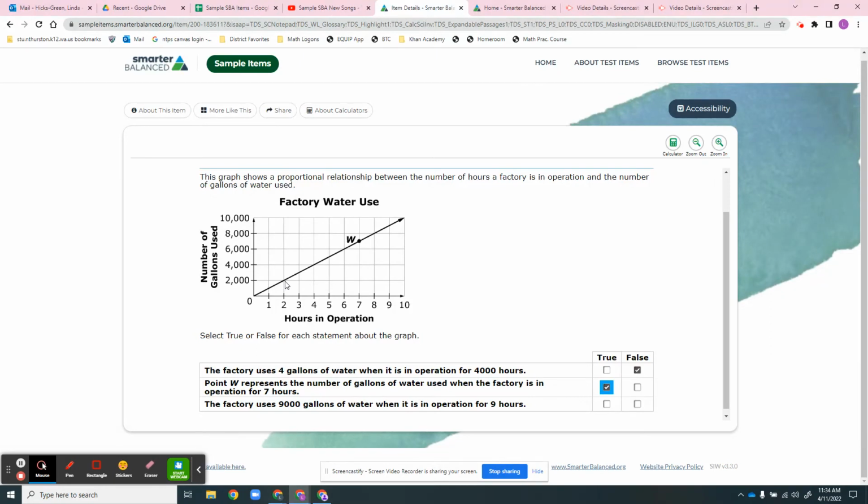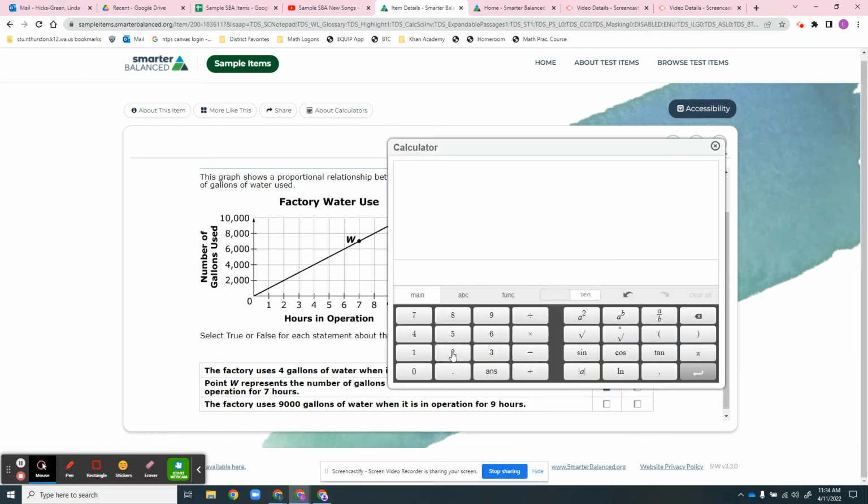We want to go where it truly intersects. So we've got 2 hours of operation for 2,000 gallons. We can pull out the calculator and say 2,000 gallons divided by 2 hours is 1,000 gallons an hour.